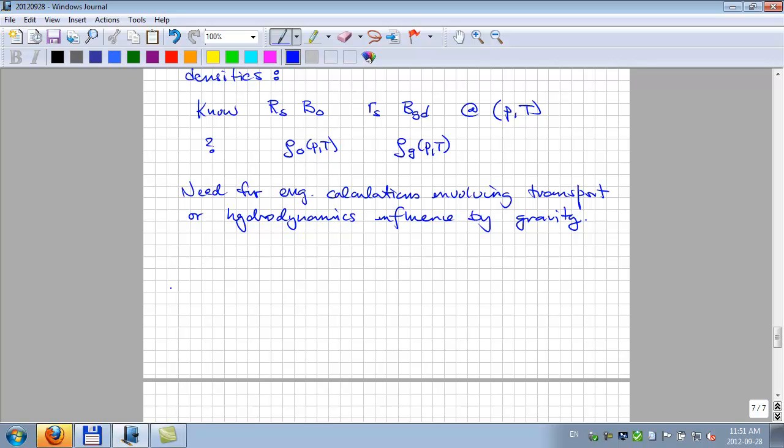And for the Blackwell PVT model, you have 2 equations. The gas density equation is equal to the surface gas density plus the surface oil density times the solution oil gas ratio divided by BG, which is a function of pressure and temperature, as is little rs.